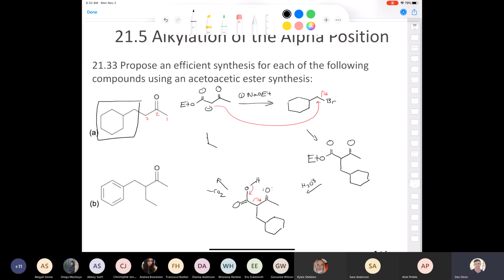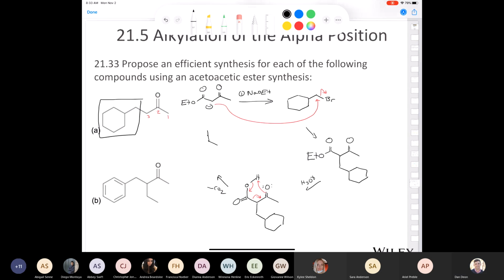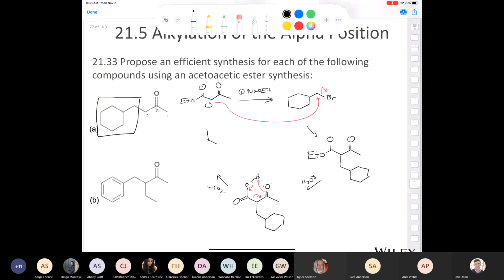It should look like this, actually, like that. Yeah, let me draw my enol. So I'm going to have this enol. There we go. So there's our enol, and that's going to undergo tautomerization to give us the final product, like that.